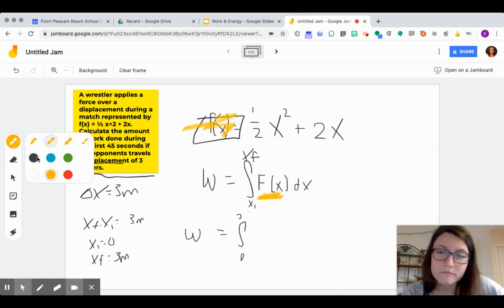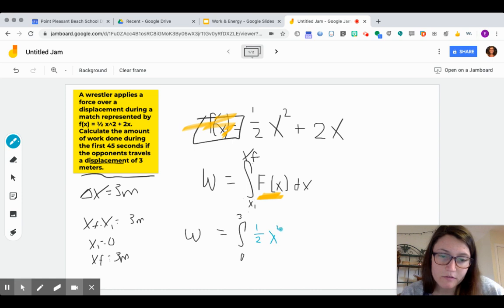So I'm going to integrate the quantity 1/2 x squared plus 2x dx from 0 to 3.